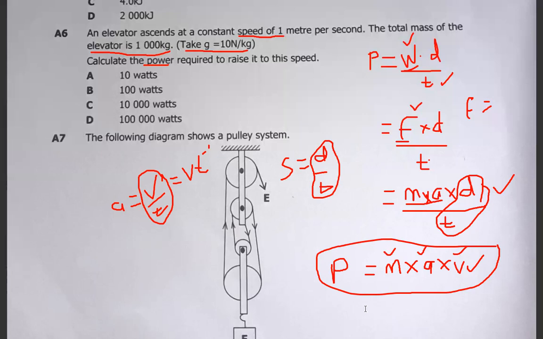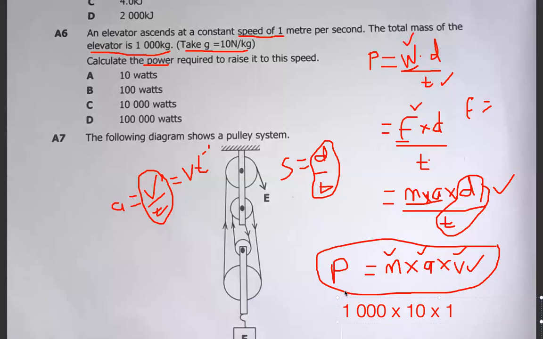So now what do we have? The mass of the elevator, we're told, is 1000, multiplied by the acceleration due to gravity, which is 10, multiplied by the constant velocity.